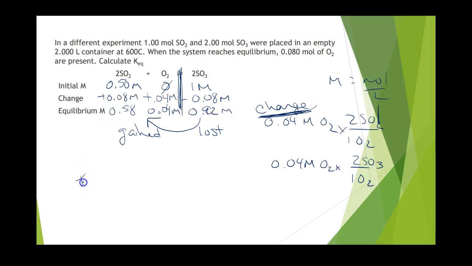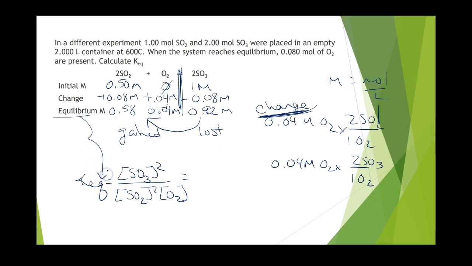KEQ. The expression is SO3 squared over SO2 squared times oxygen. I'm going to put in my numbers from the equilibrium values and multiply it all out.